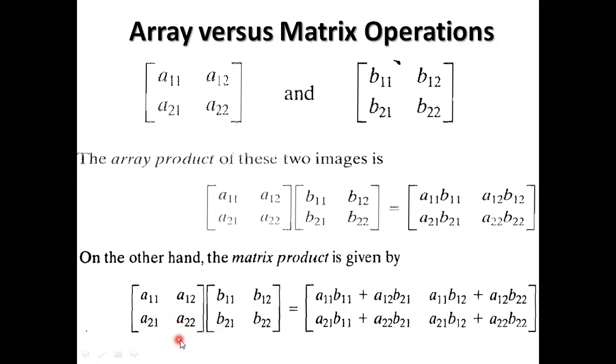Next, A21 into B12 plus A22 into B22. These are the four elements if you are doing the matrix product between the two images. These are the two images; the array product gives this resultant image, and the matrix product gives this resultant image.